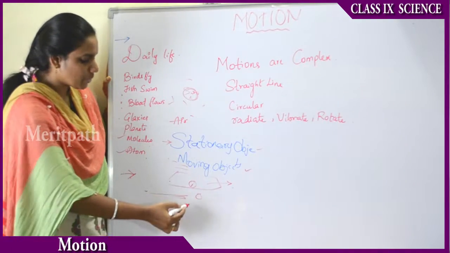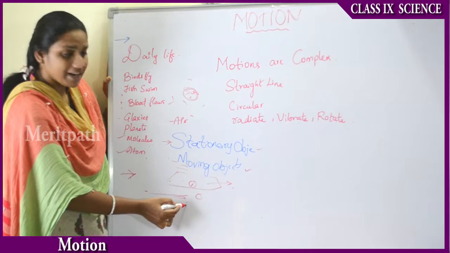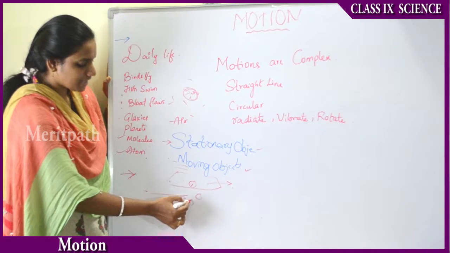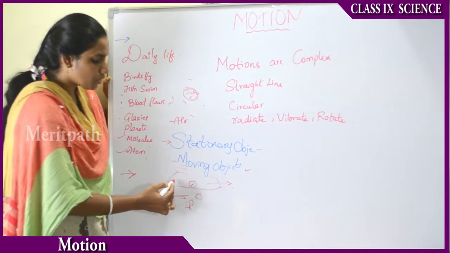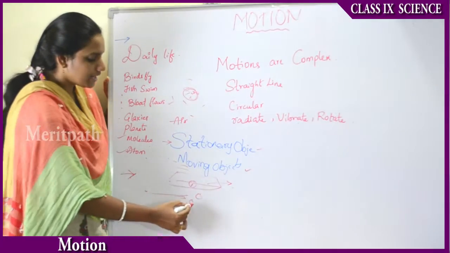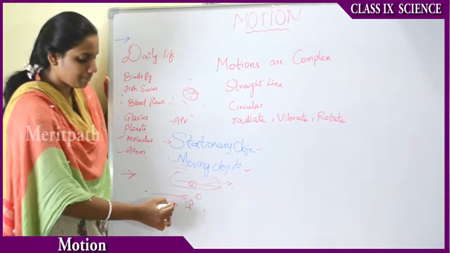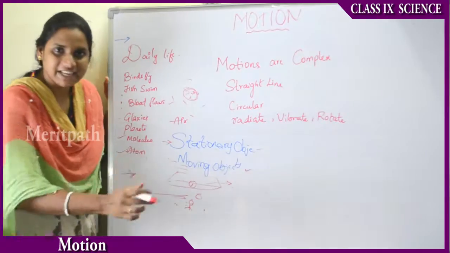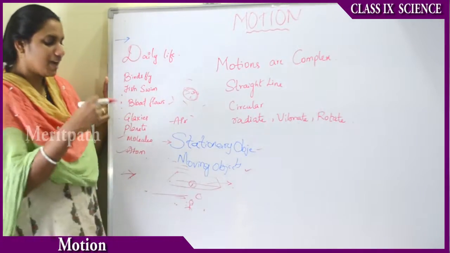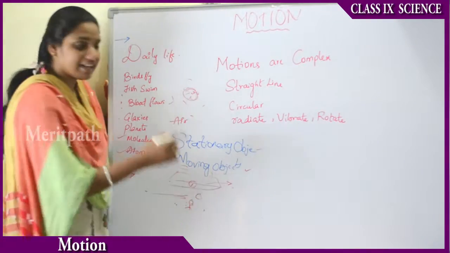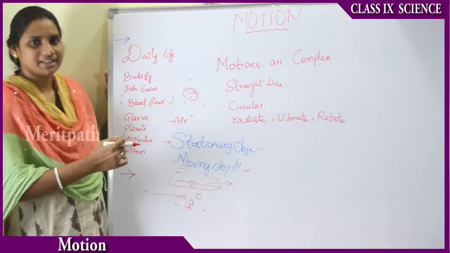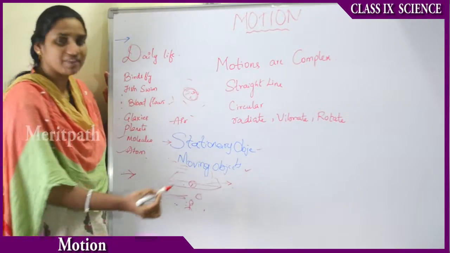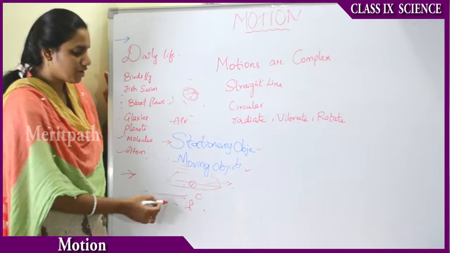But the person on the roadside feels as if you were moving, and the trees beside him are stationary for him. That means the moving objects will differ from one person to another, according to the position of the person.